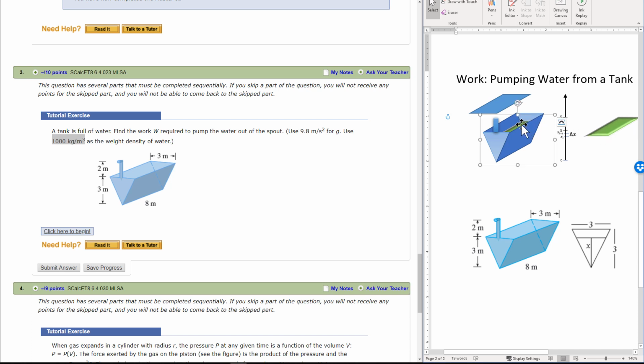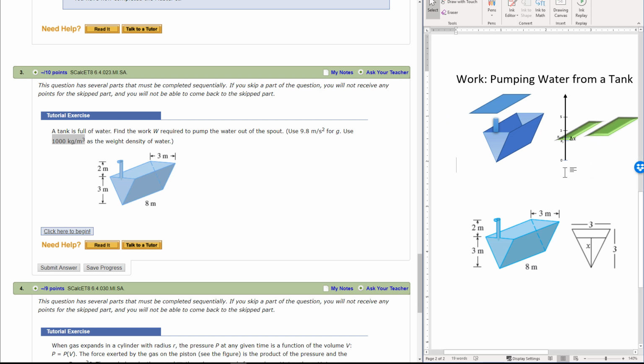And there's another slab of water, just for an example. Now there's infinitely many slabs, but this slab is a little bit smaller than the other slab. So this guy is down here a little bit, with a different distance and a different volume or weight.